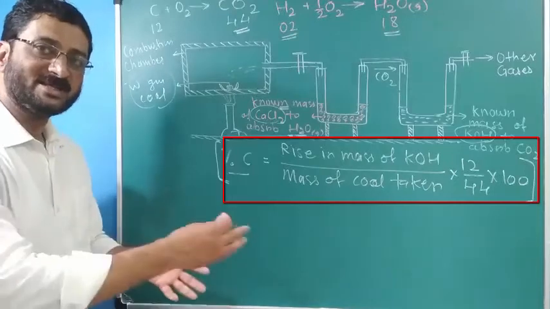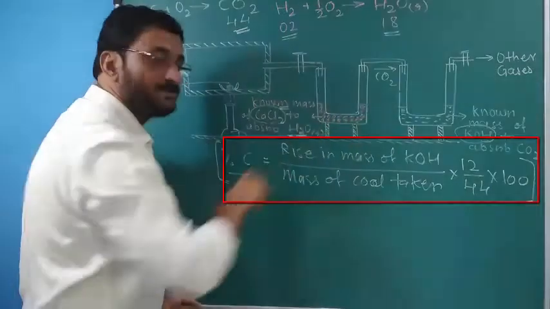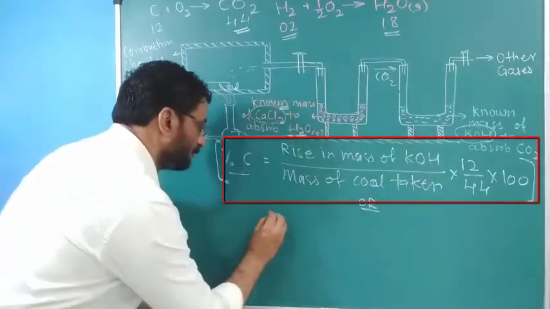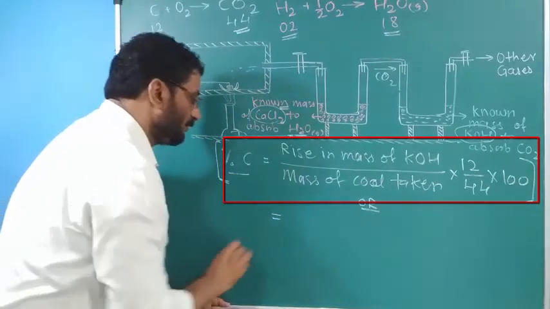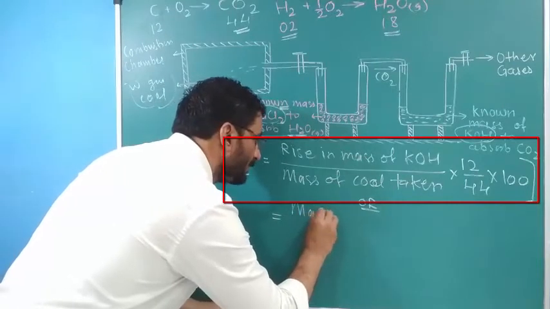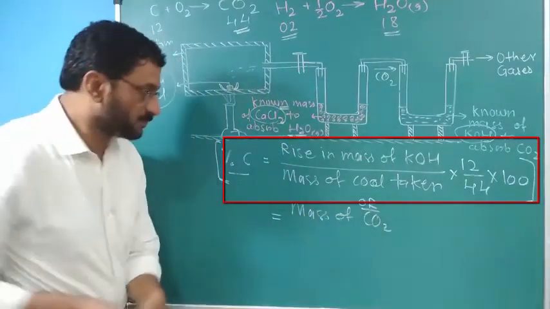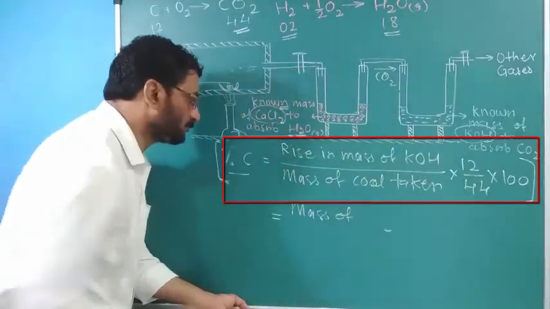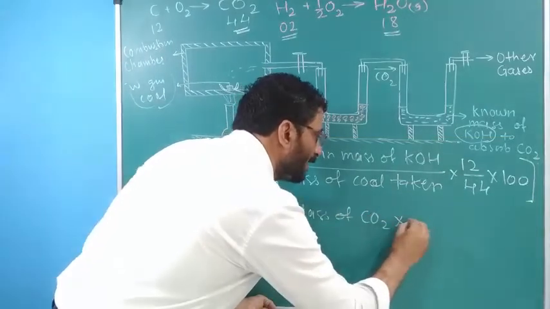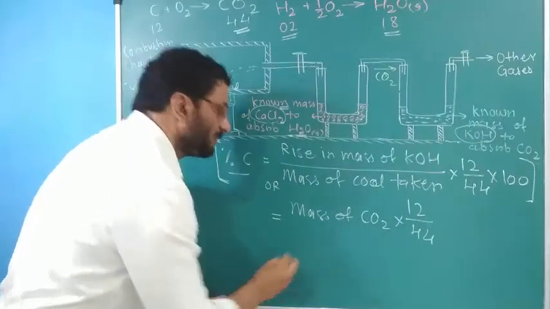Okay. Now again the same thing. If the rise in the mass is not given, but the mass of CO2 produced is given, then we can write one more simple equation for determination of percentage of carbon. What is that? It is mass of CO2, how much CO2 is produced. At a time 44, out of that we are interested in 12.